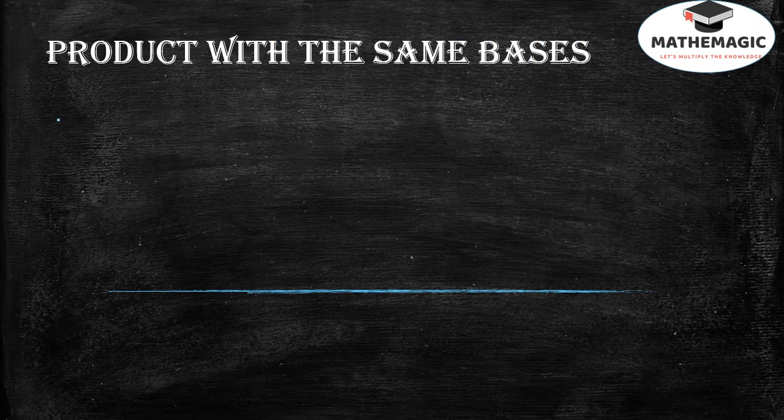This is the first law of exponents, that is the product of powers with the same base. As per this law, when two numbers with the same base but different powers, let us say m and n, are multiplied, the product is a number with the same base and a power equal to the sum of the individual exponents, that is m and n.